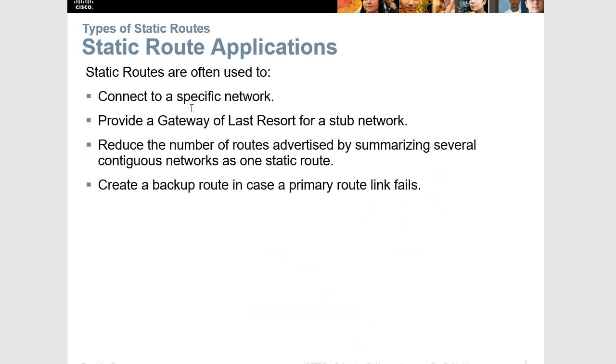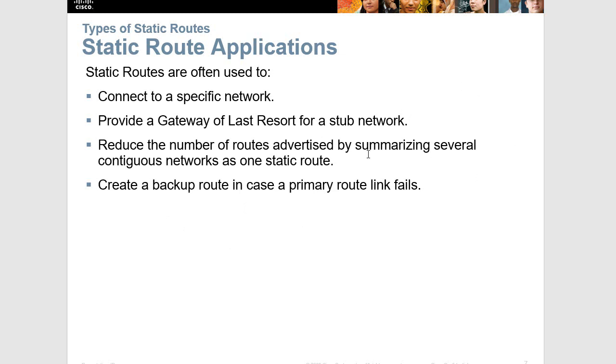So, more static route applications. Static routes are used to connect to a specific network, and to provide a gateway of last resort for a stub network. Again, a gateway of last resort is where I send something that doesn't match any entry in the routing table. They also reduce the number of routes advertised by summarizing several contiguous networks into one static route.